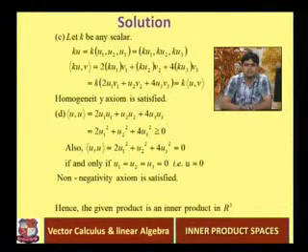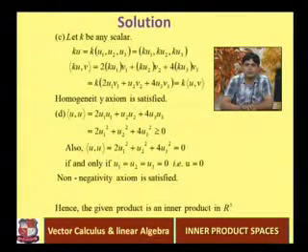For that we choose the inner product of u comma u, and it is equal to 2 times u1 u1 plus u2 u2 plus 4 times u3 u3, since both vectors are u, that is nothing but 2 times u1 square plus u2 square plus 4 times u3 square, and we students can easily verify that the sum of squares of any quantity must be positive.